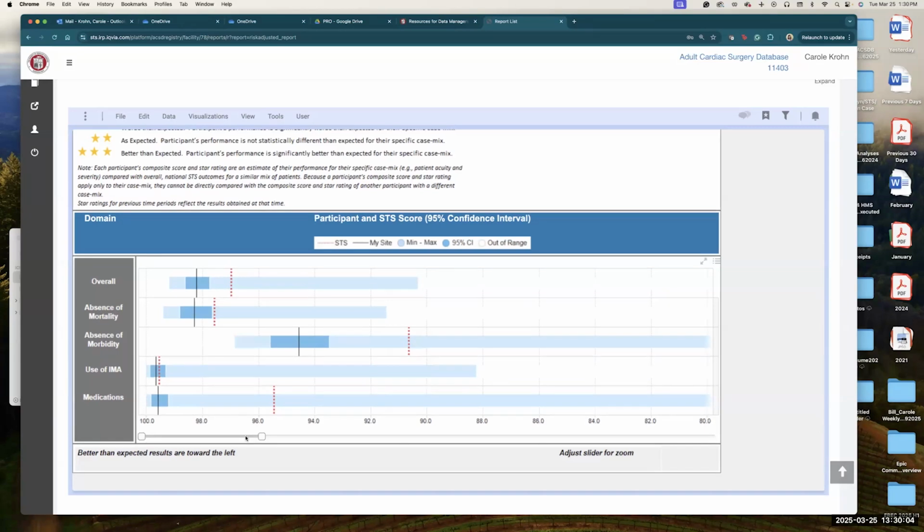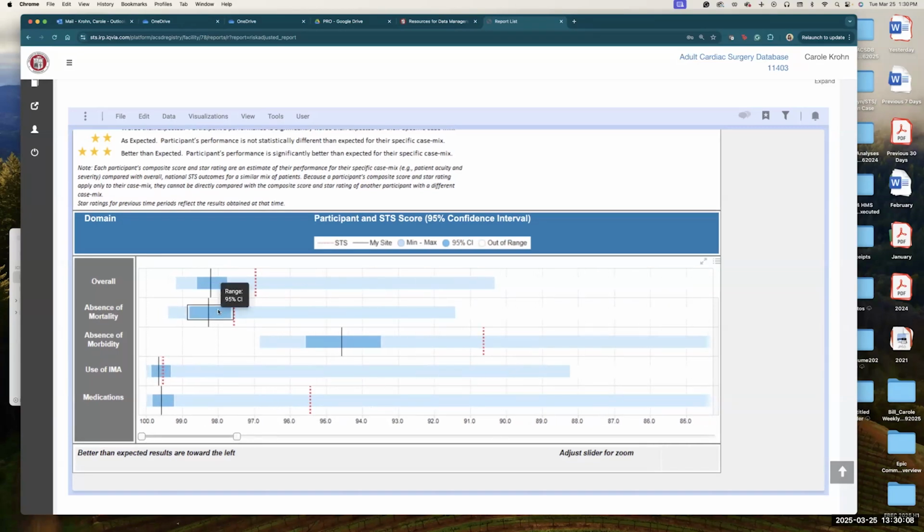If we look at the absence of mortality, you have the site's 95% confidence interval. The STS score is right on the cusp of that, but the site's still performing better than the STS, even at the lowest possible that the site could be performing through analysis, through statistics. So that's a 3-star program.